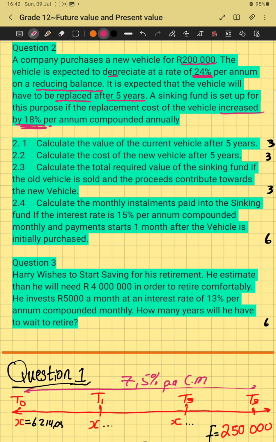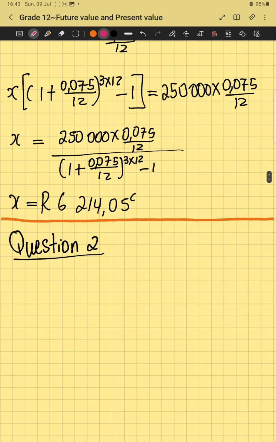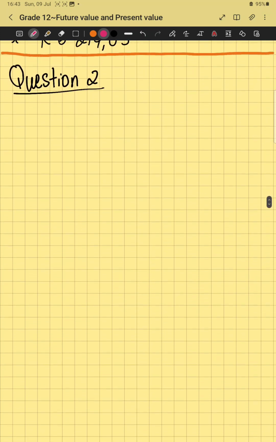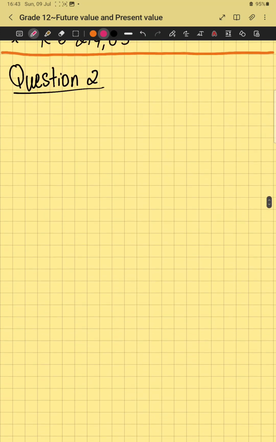So that means we are going to use the reducing balance method to find the value of the vehicle after 5 years. Now I want us to write down what we have here. The original price of the vehicle is the present value, which is P, which is 200,000. And then they say the percentage is going to be 24%.